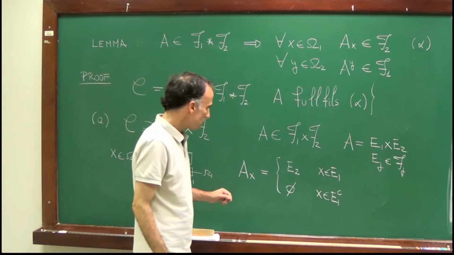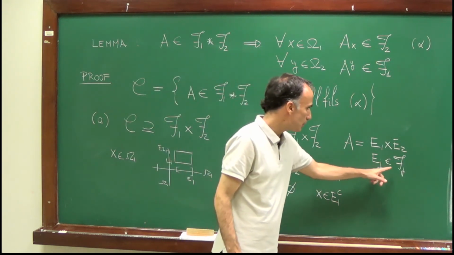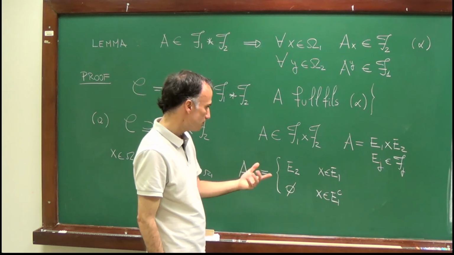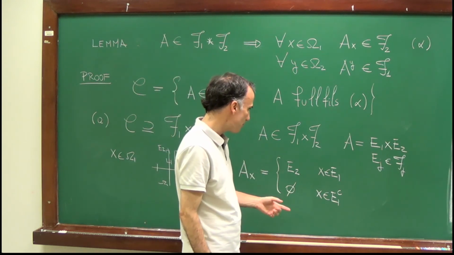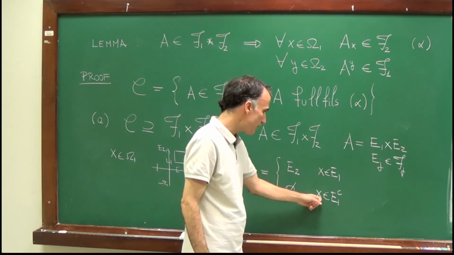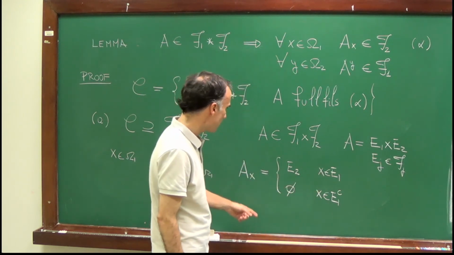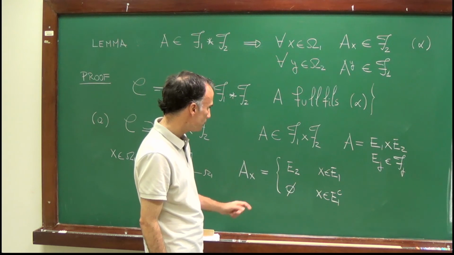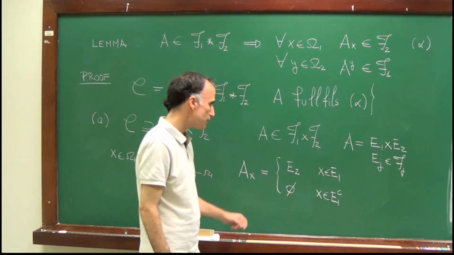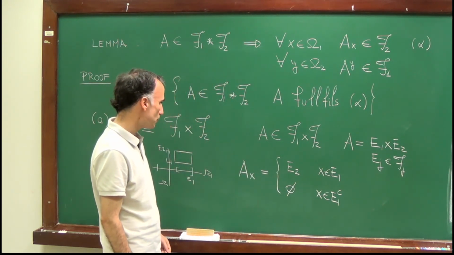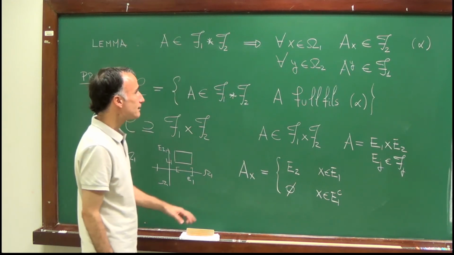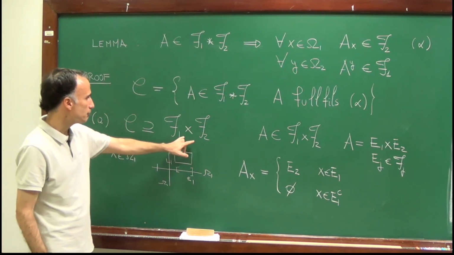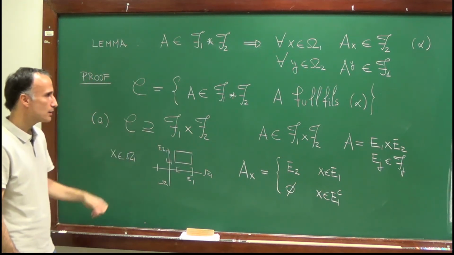Well, since E2 belongs to F2, and the empty set also belongs to F2, because F2 is a sigma algebra, we see that whatever the value of x is, Ax always belongs to F2, because it's either the empty set or the set E2, which is an element of F2. So this proves that A indeed belongs to C, and therefore that the rectangles are all contained in the set C.